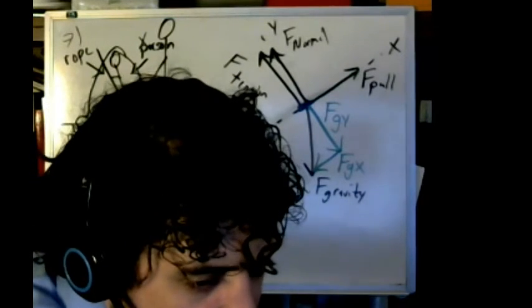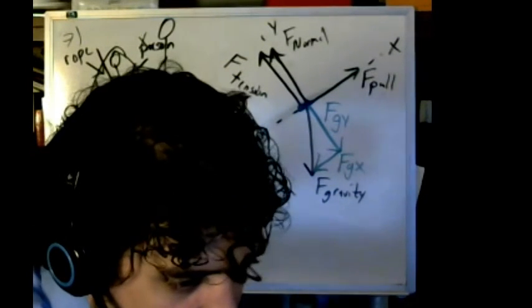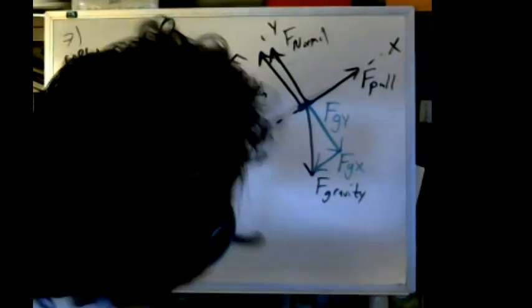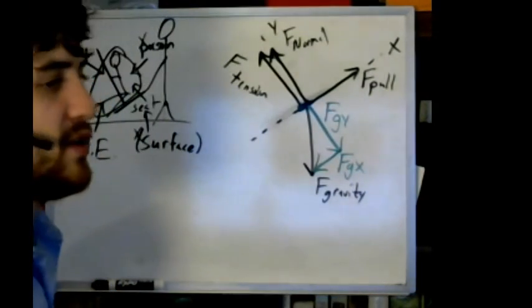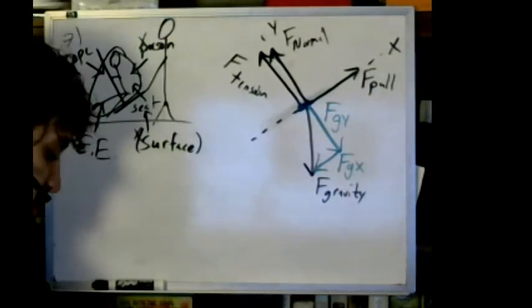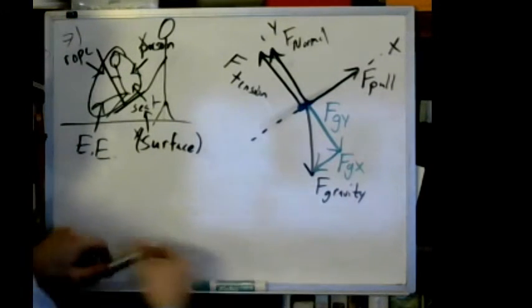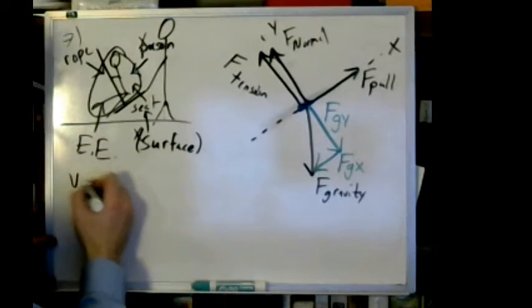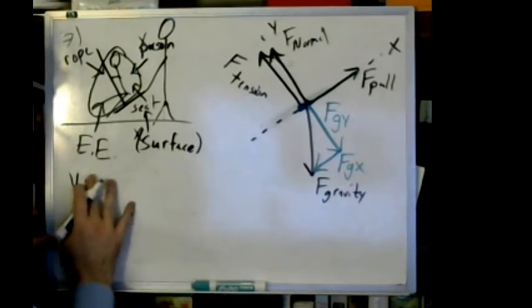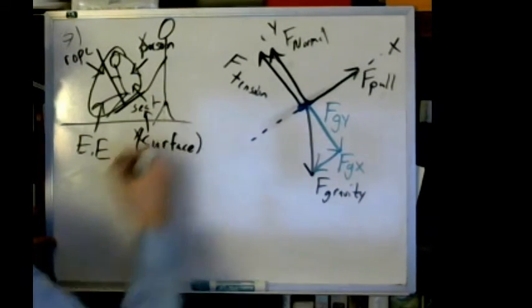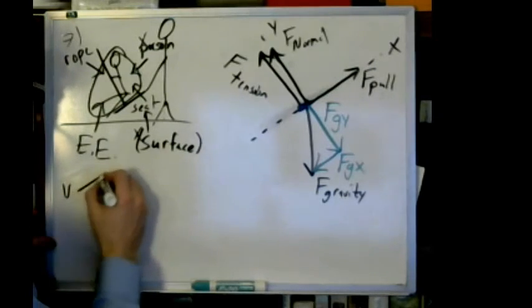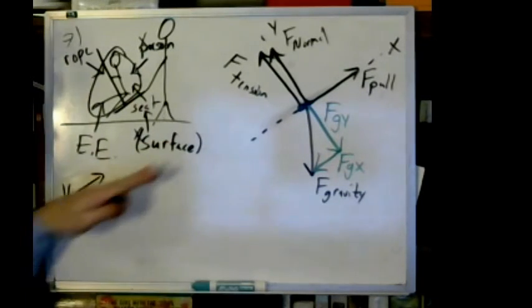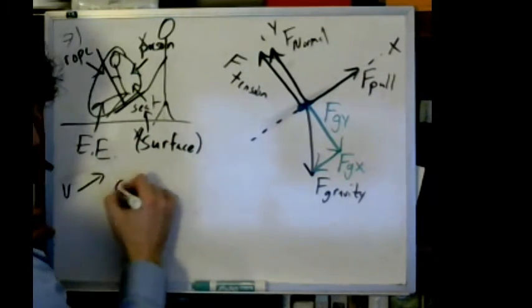This kid is being pulled back. We're going to assume, for simplicity's sake, that the kid is being pulled back at a constant velocity. So our velocity in this case is in that direction, parallel to the surface, and it's constant.